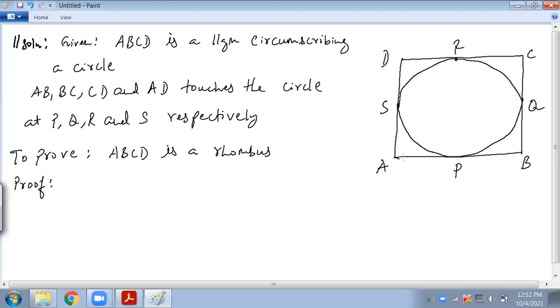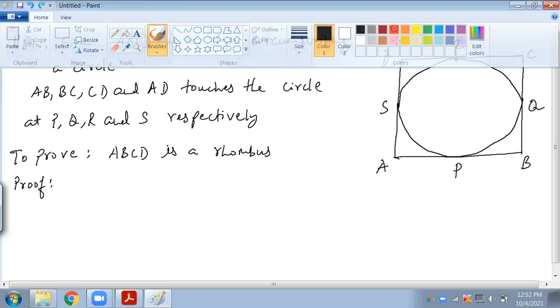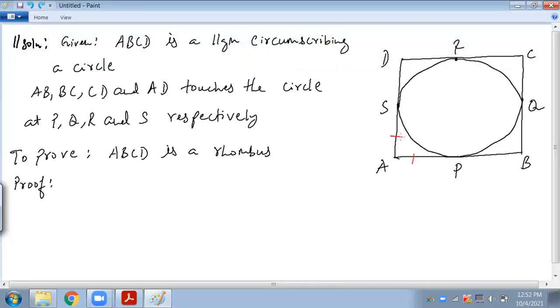Now, if you see the figure, AP and AS are two tangents from the same external point A. So AP and AS will be equal. Same way, BP and BQ are tangents from the same external point B. So BP and BQ will be equal.